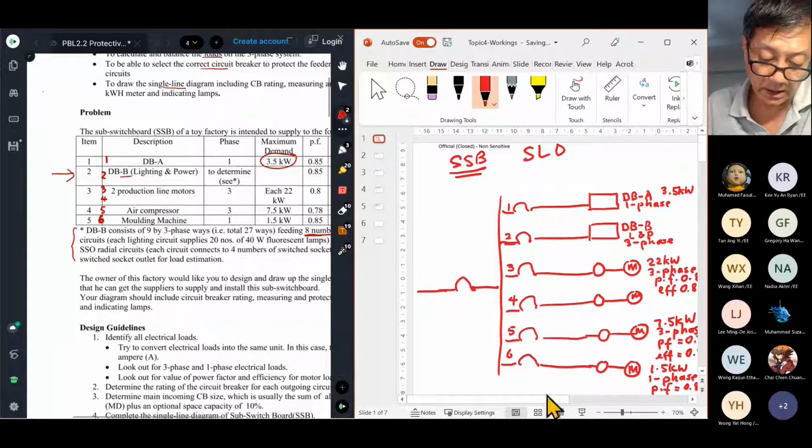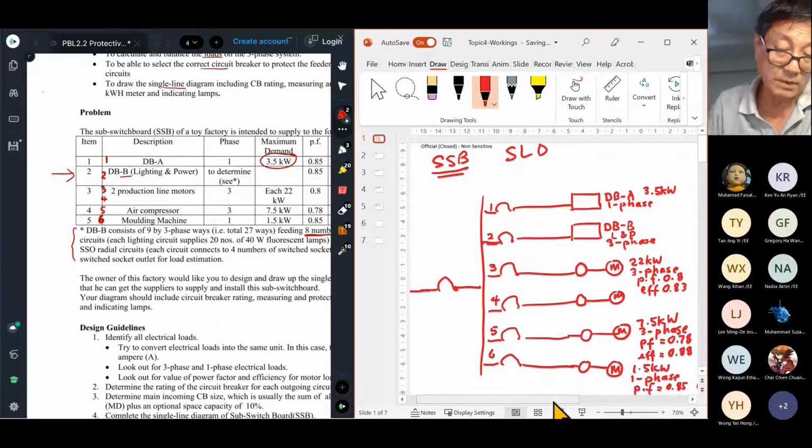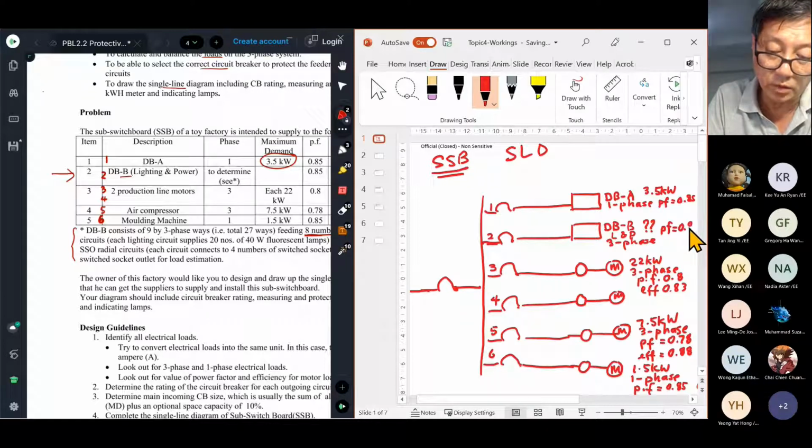If I can write everything down on a piece of paper, then it's easier for me to see and later do my calculation. So that's the first thing I would like to encourage all of you to do. Now the question mark is this one. What is given to me at the moment is not good enough, because I don't have the power. There is no way for me to know what the power is at the moment.